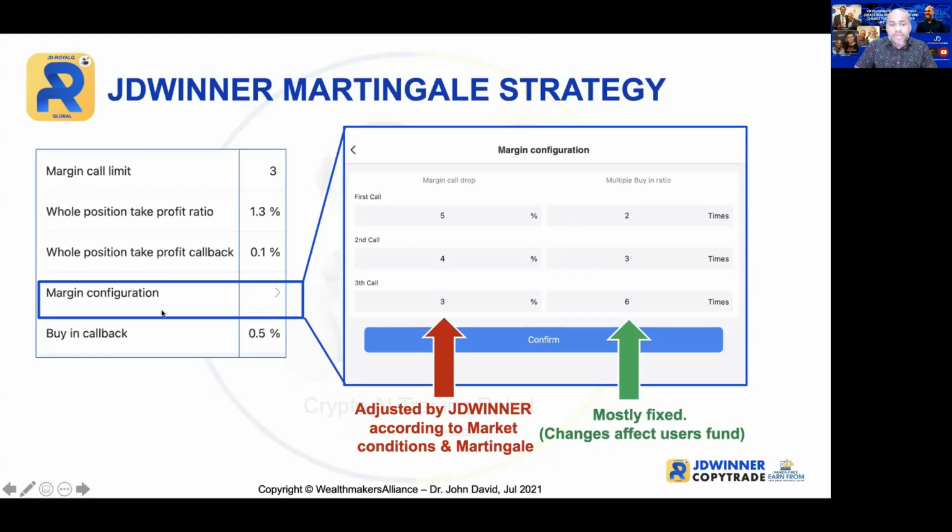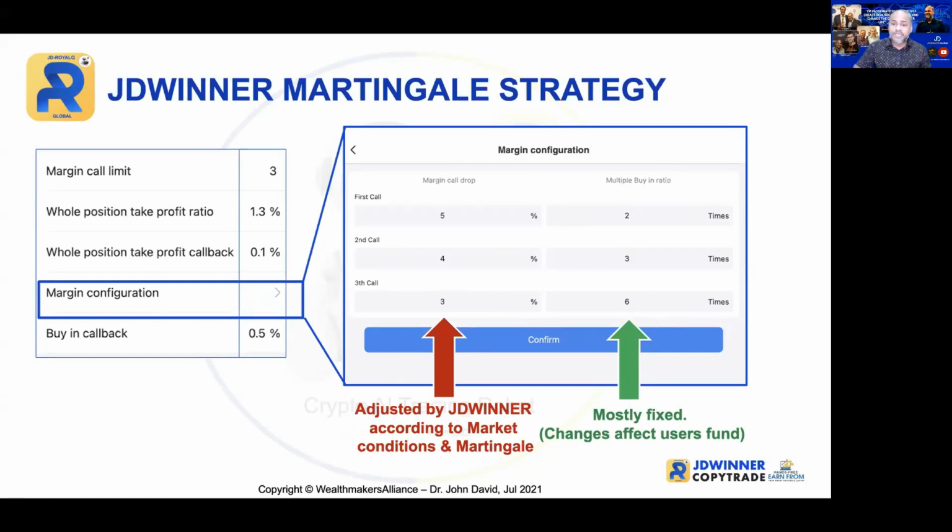Now, if you click the margin configuration, you will see this margin configuration here. Please understand, since you are connected to my scene strategy, I will be adjusting the margin call drop according to the market condition. This is very important, and I am going to do that for you. But if you look at the multiple 2, 3, 6, this is fixed, because if I change this, then your wallet management has to change.